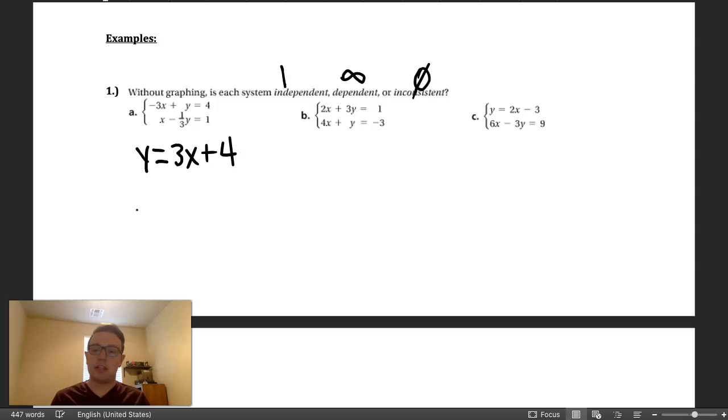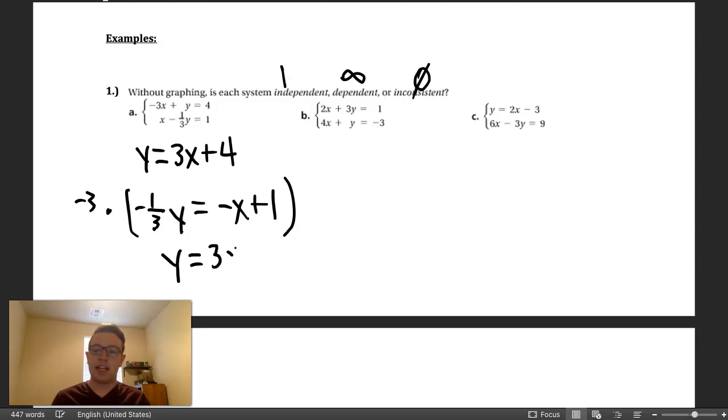This bottom one is going to be minus 1/3 y is equal to minus x plus 1. Or when we multiply through by minus 3, this becomes y is equal to 3x minus 3.